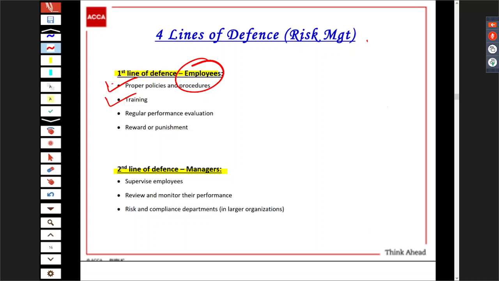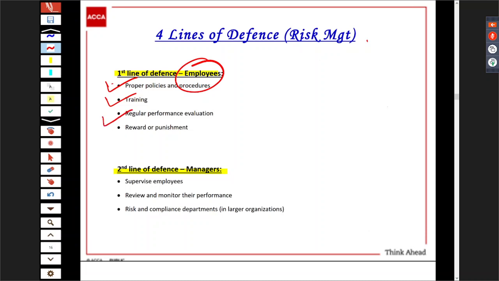Whoever new employee joins has to be very familiar with all the policies, the procedures, the internal controls, and it will be instructed to them. It will be part of their job description that these are the things you need to be very careful about. These are the controls, these are the processes. You have to make sure that you abide by all these policies and controls.